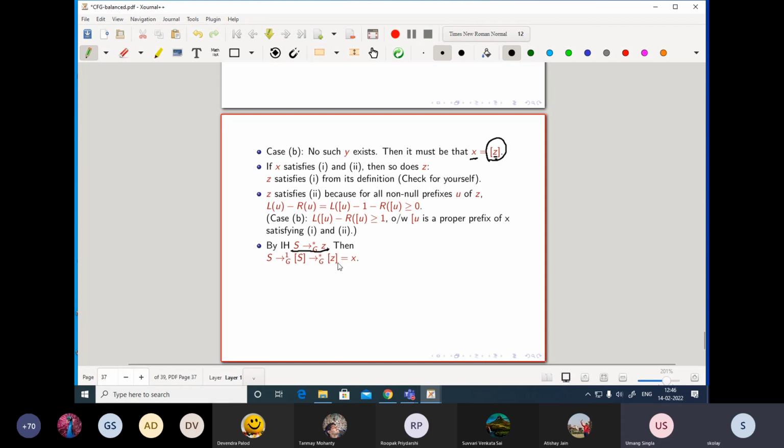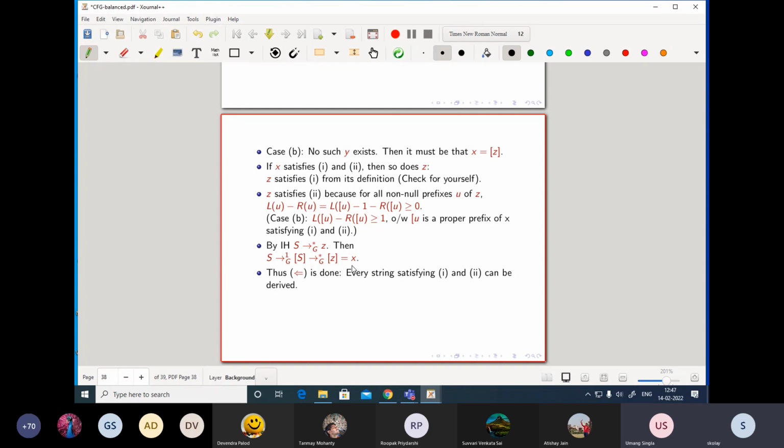Now, in order to derive X, this is what we will do. S in one step goes to bracket S bracket. Now, this particular S will derive Z. And now bracket Z bracket is X itself. So therefore, we have been able to derive X. So we basically can conclude now that any string that is a balanced parenthesis string can be derived.